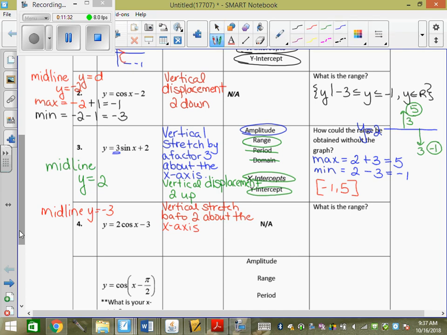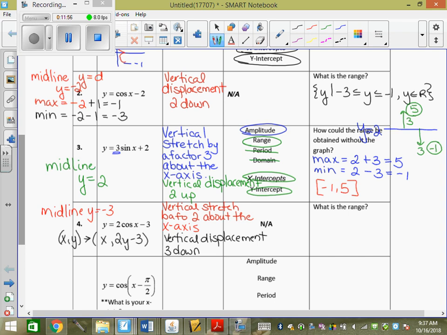And a vertical translation, or vertical displacement. Did I put vertical? Oh, good. Thank goodness I didn't. Vertical displacement. 3 down. So my mapping would be the same if I asked for mapping, right? It would be xy becomes x comma 2y minus 3.